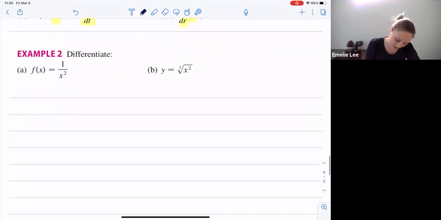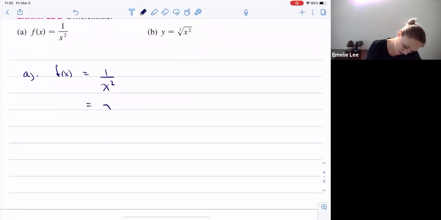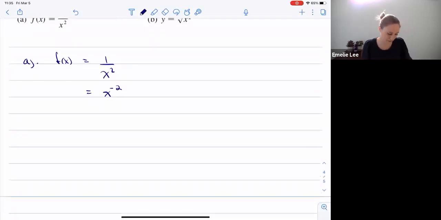And so here in a, f of x, 1 over x squared is really just x to the negative 2. So just remember those exponent laws of how you can rewrite and simplify exponents. It might have been a while since we talked about it, so you might need a refresher on how we rewrite exponents.